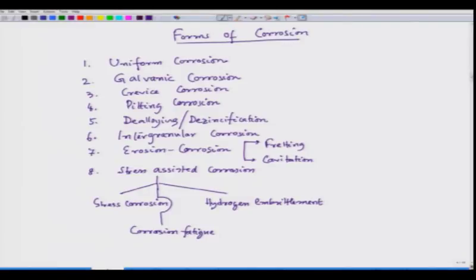These particular definitions of different forms are basically arriving from the appearance. For example, if we consider uniform corrosion, by uniform we mean it is homogeneous, uniformly happening.